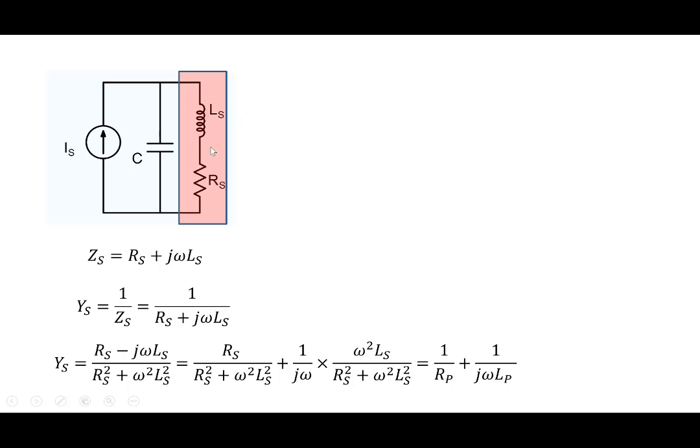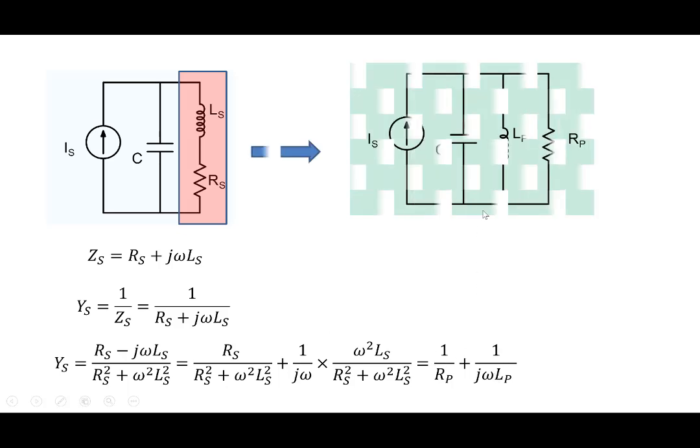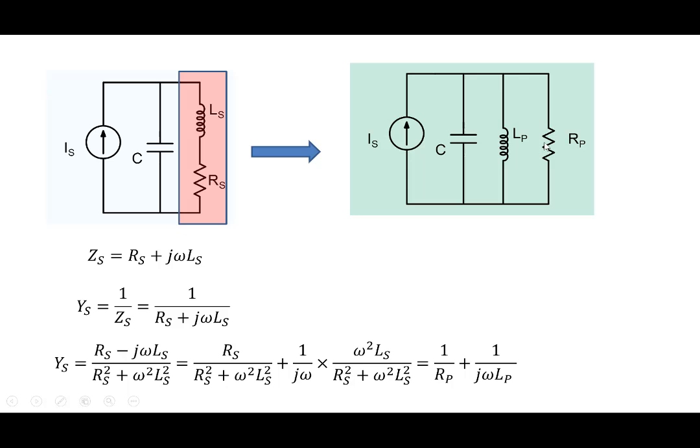The same Rs in combination with Ls here can be rewritten as Ys equal to 1 over Rp plus 1 over j omega Lp, as a parallel combination. So the series combination of R and L can be transformed into a parallel combination of Rp and Lp, with Rp given by this expression here and with Lp given by this expression.